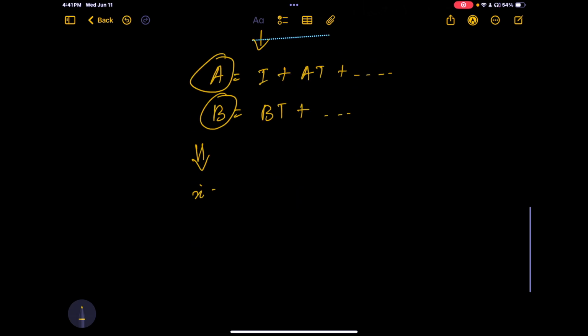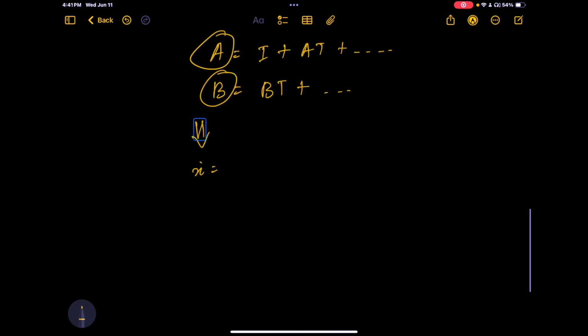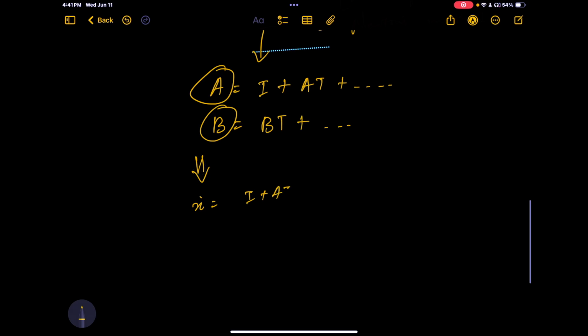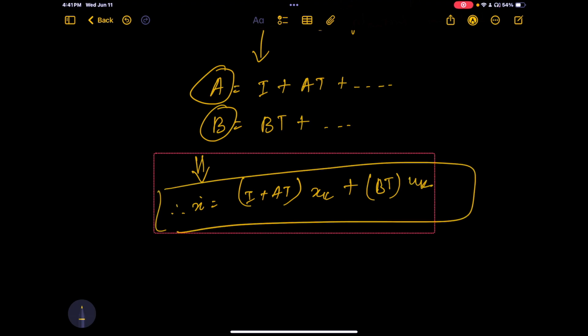So x dot will become (I plus AT) x_k plus BT u_k, right? So this is now our discretized equation.